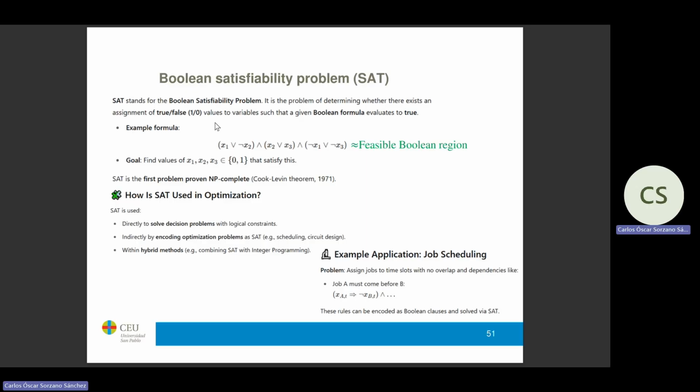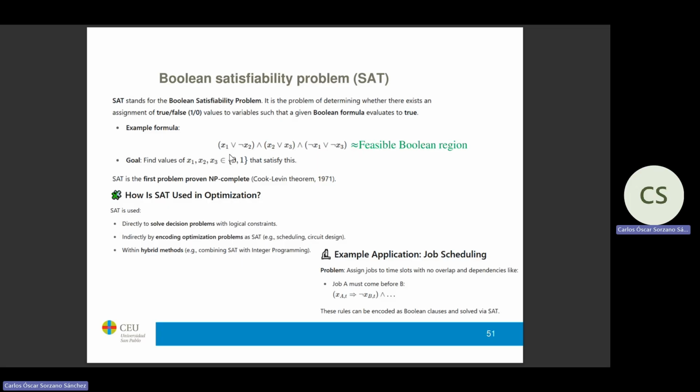So let's say that you have 3 variables that can take values 0 or 1, and the solution is valid if this is 1. So is there any combination of x1, x2, x3 such that this is 1? That is what we want to show.